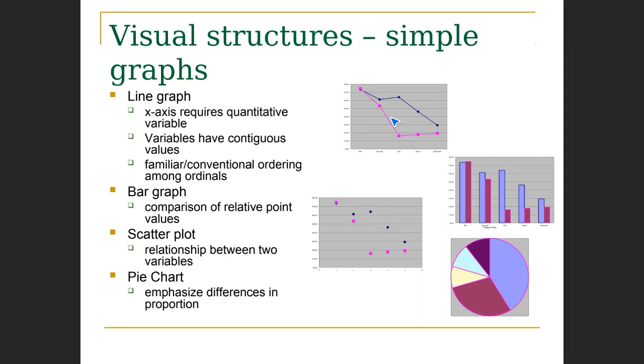It might also work relatively well for things that are ordered, Sunday, Monday, Tuesday, Wednesday, because you still see a pattern. And the worst possible usage would be for nominal data, because between cat and dog, there's nothing in between, yet there's a line showing a trend.